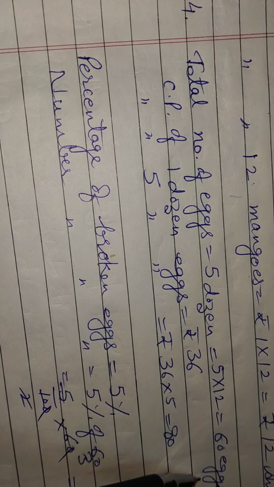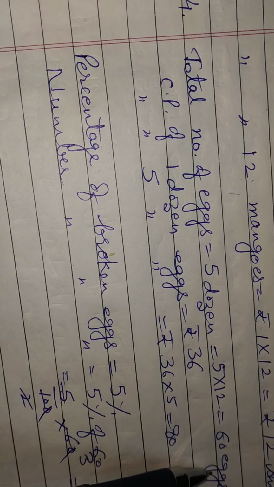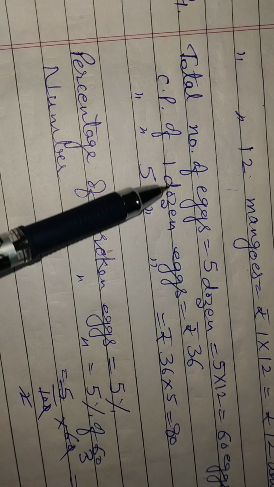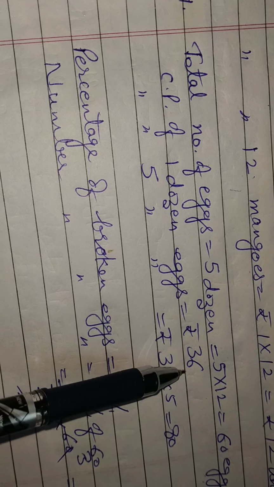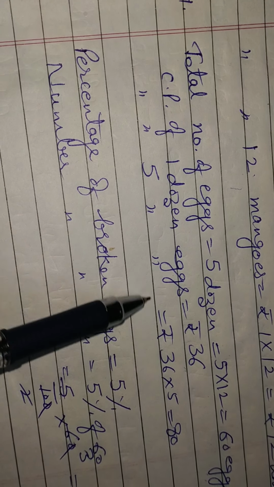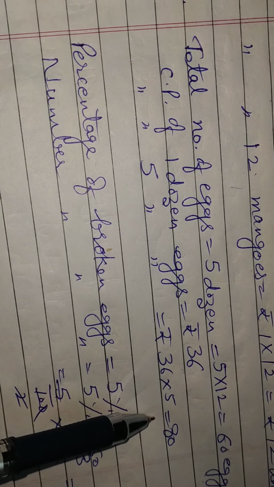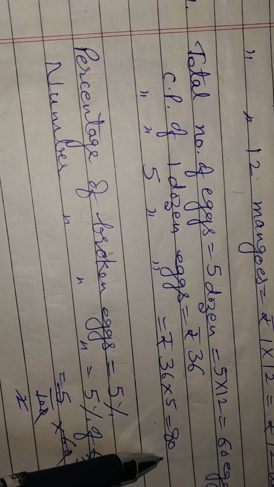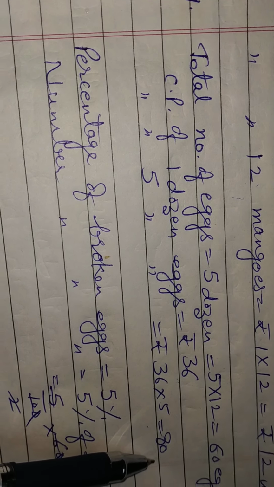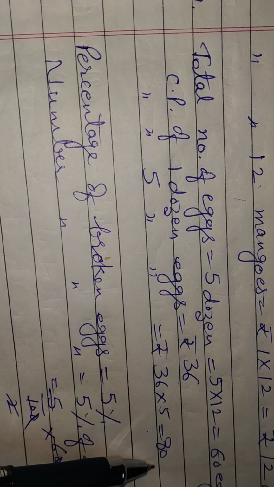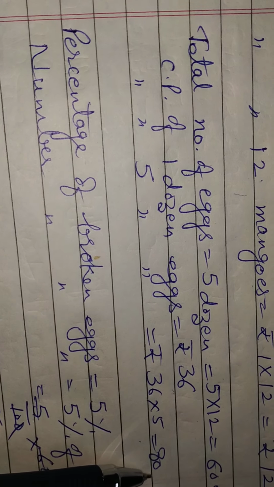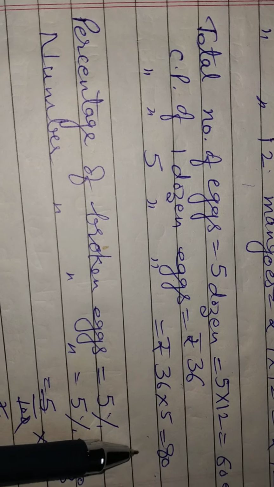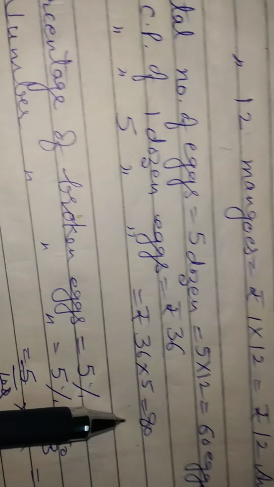CP of 1 dozen eggs is equal to 36 rupees. It is given. We can find the CP of 5 dozen eggs by multiplying.